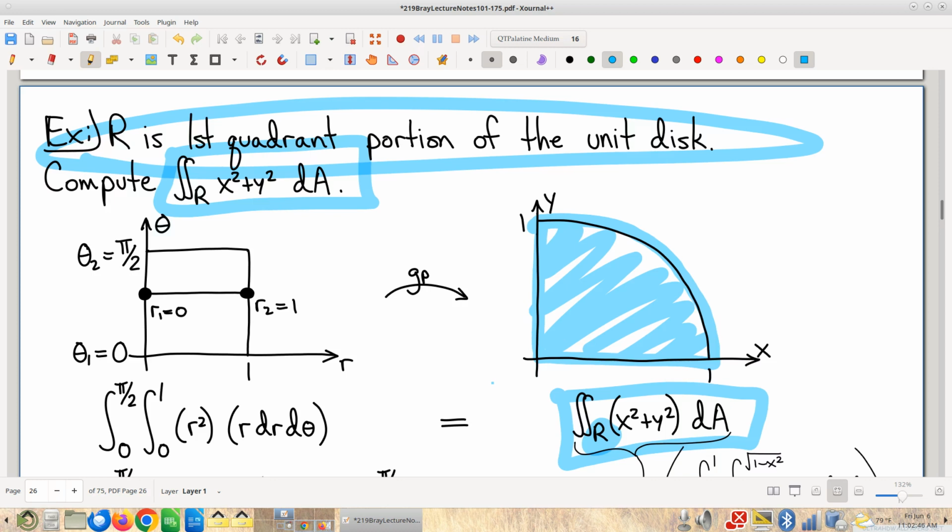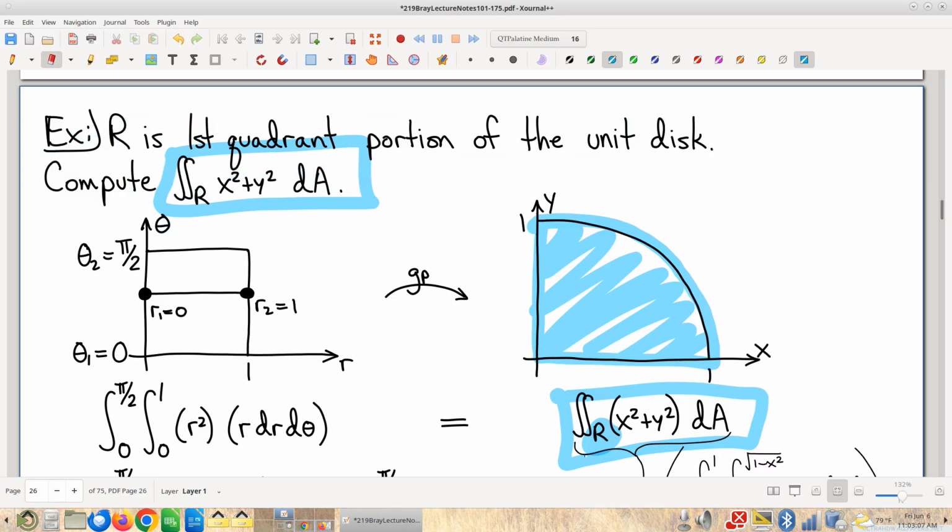But keep in mind, when you do a pullback, the big idea is you need to find the pullback domain. In other words, you need to find a domain in the r theta space whose image is exactly the original domain. Okay. So I claim that pullback domain is this region right here.